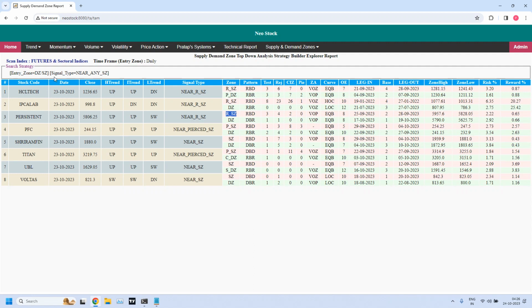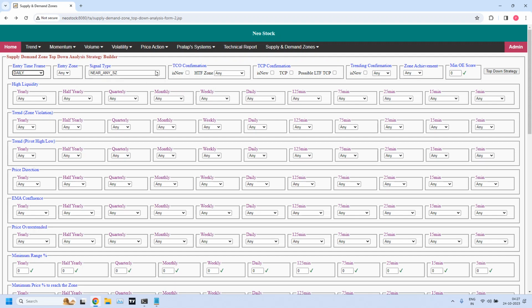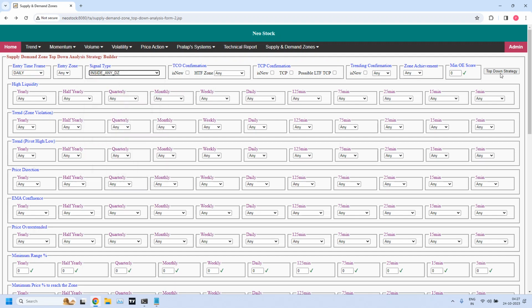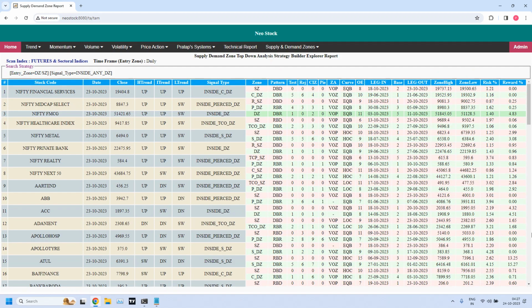Now let us find the stocks inside daily demand zone and supply zone. Entry time frame is daily. Let us find the stocks which are closed inside the demand zone. So we have a very big list.